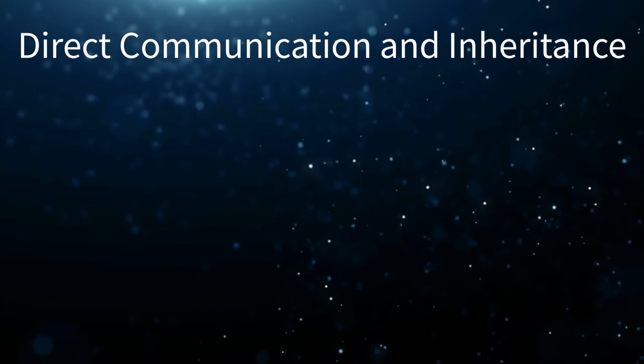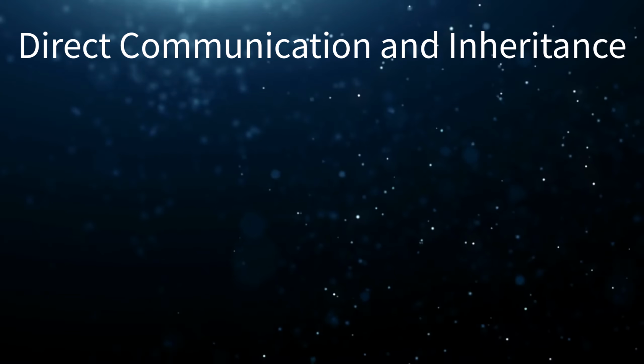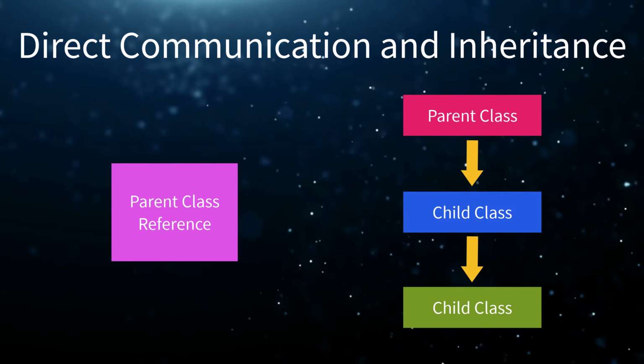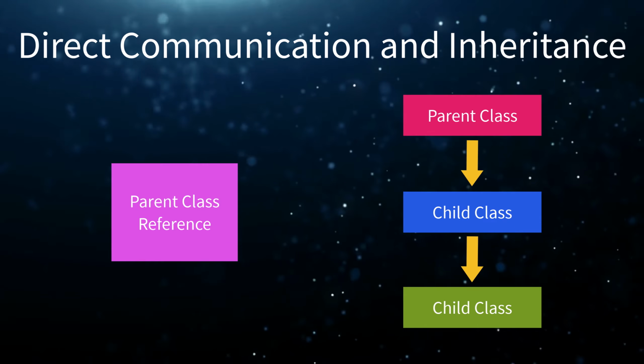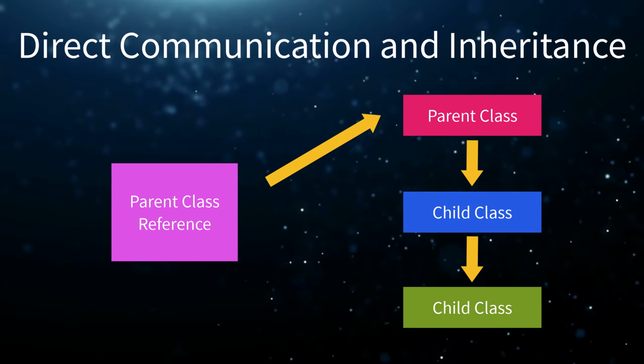We also want to learn how blueprint references relate to the class hierarchy. So let's take a quick look. When you create a reference to a blueprint instance, the reference can be used for the blueprint class, but also for all its children.